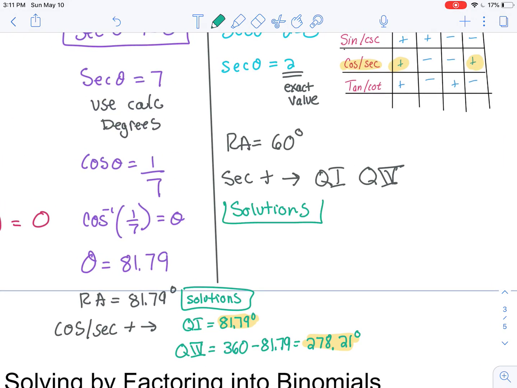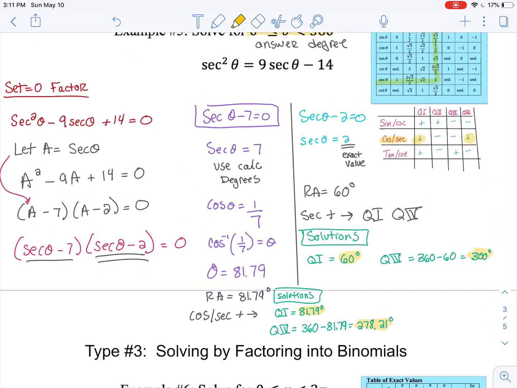My quadrant 1 solution will be 60 degrees, and my quadrant 4 solution is going to be 360 minus 60, or 300 degrees. So we have two more solutions here for our equation.